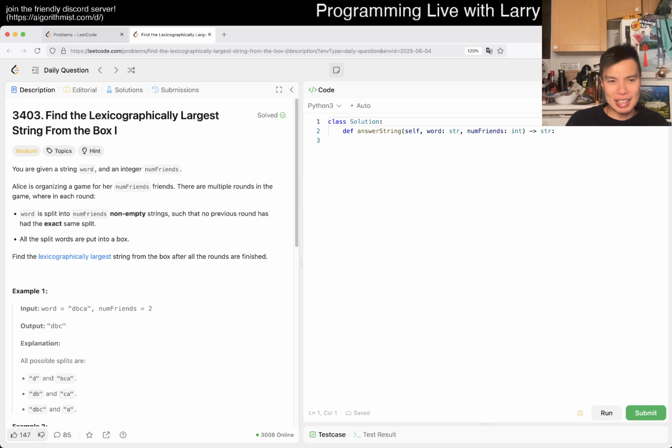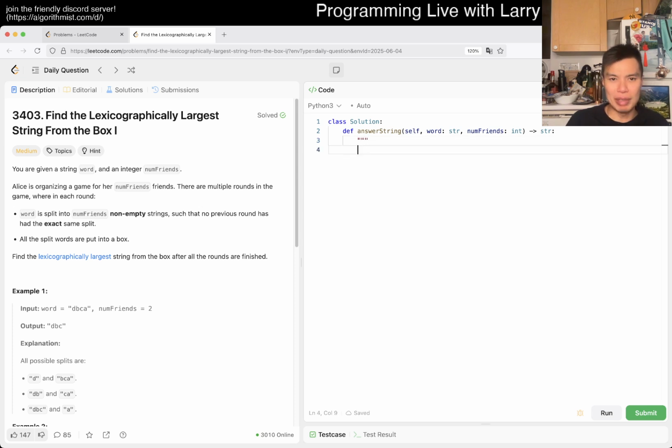You're organizing a game. There are multiple rounds in the game where in each round, after all the rounds are finished, how do I tell when all the rounds are finished? The word is split into numFriends parts. I see, so you just keep going, you keep splitting.